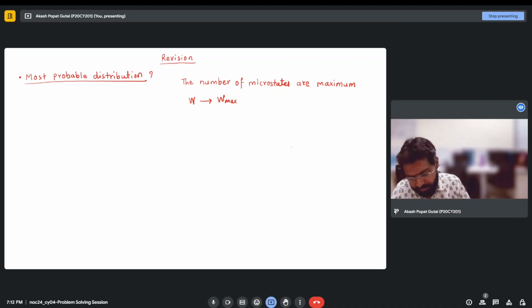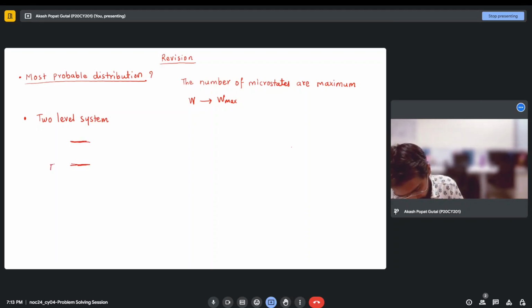So we have discussed the two level system. For a two level system, there are only two levels, E naught and E1, let's say.